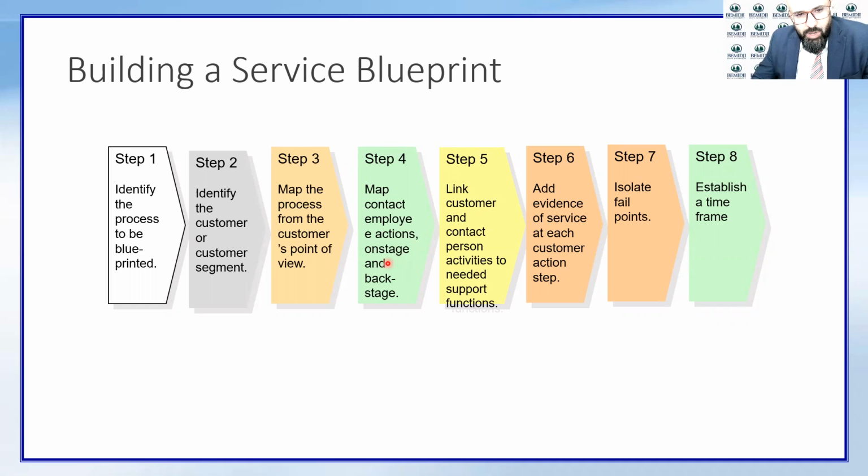So now the interaction between employees and the customer on stage and backstage, link customer and contact person activities to the needed support functions, add evidence of service at each customer action, isolate fail points, and the last step is to establish a time frame.